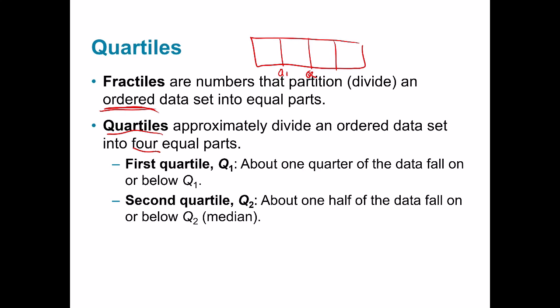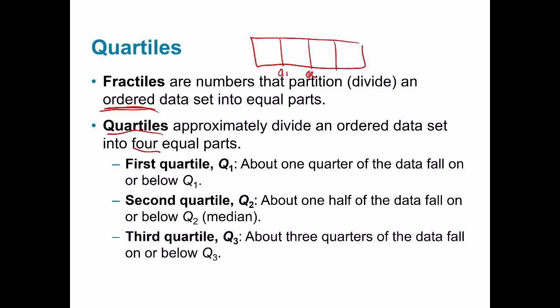We've already talked about one of these quartiles before; we've talked about how to find the median. And then for the third quartile, 3/4 of your data fall at or below Q3. So Q3 would be that third break in our candy bar. The good news is, if you can find the median, you can find the other 2 quartiles, Q1 and Q3. The process for finding them is virtually the same.